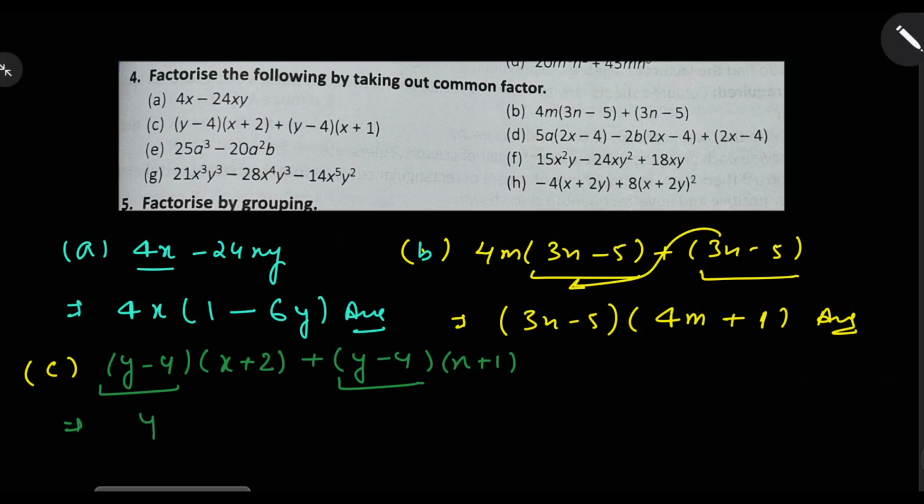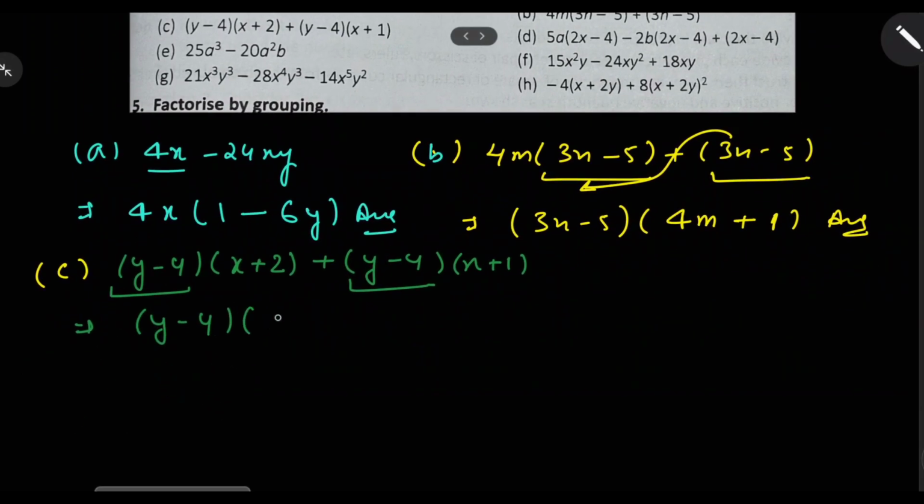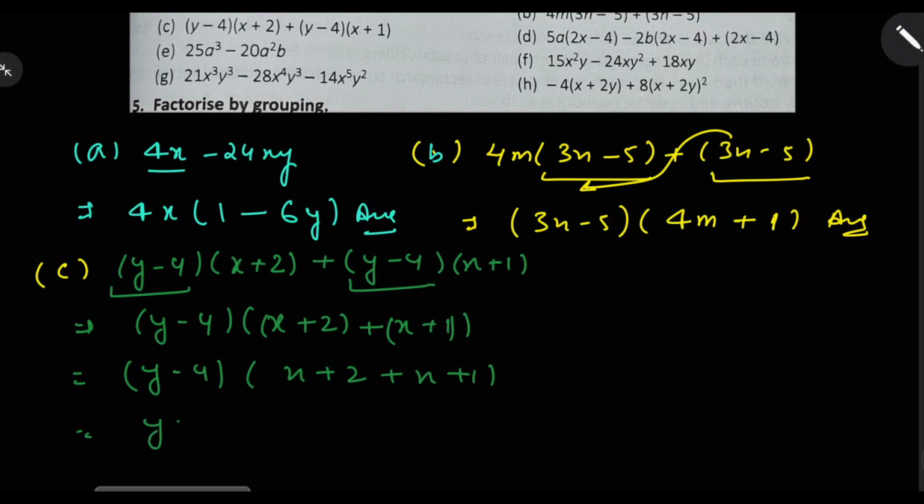So take out y minus 4, and here we are left with (x plus 2) plus (x plus 1). Open that bracket: y minus 4, then (x plus 2) plus (x plus 1). y minus 4, x plus x is 2x, and 2 plus 1 is 3. So this is our answer.